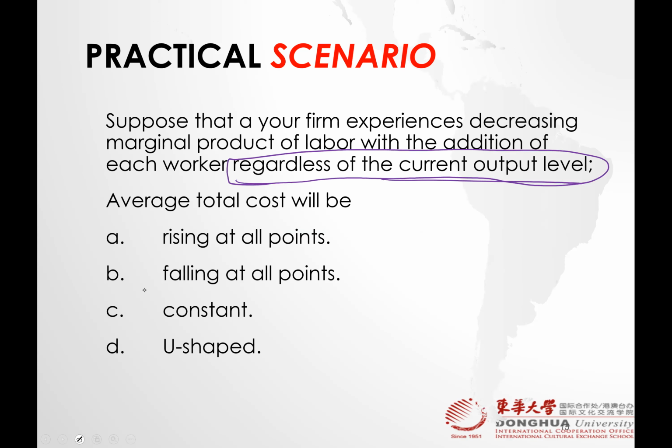You don't know how much you are producing, or it doesn't matter. Then what is the answer? A. If production doesn't matter, what is the shape of the ATC? Keep adding laborers, so your costs are definitely going up.